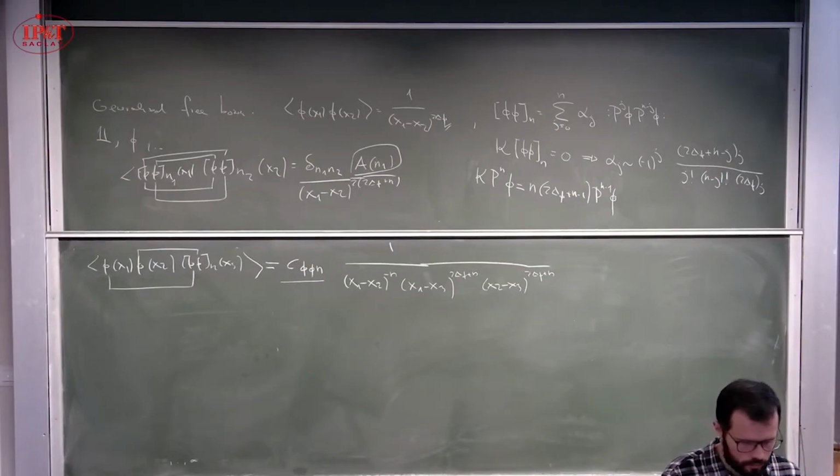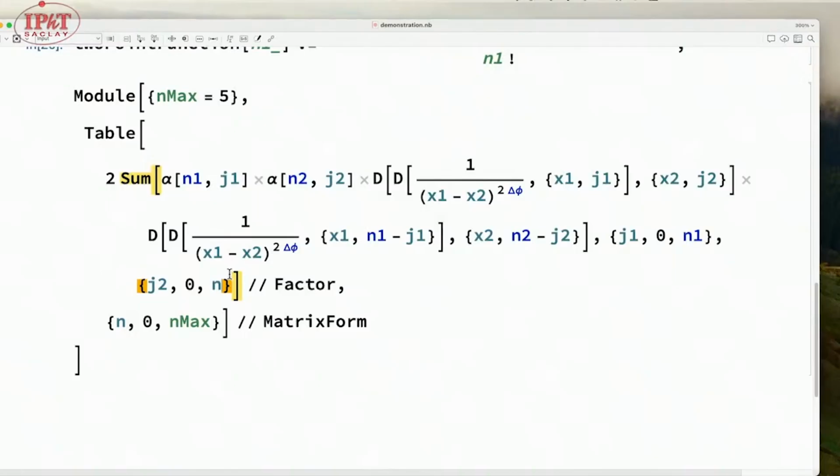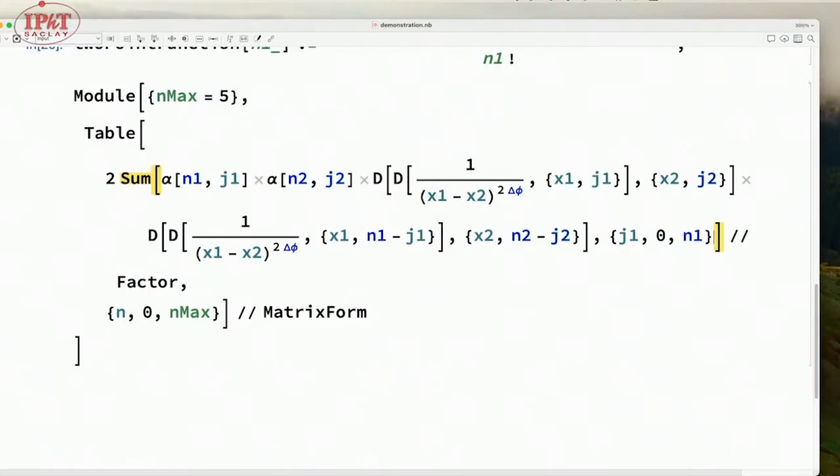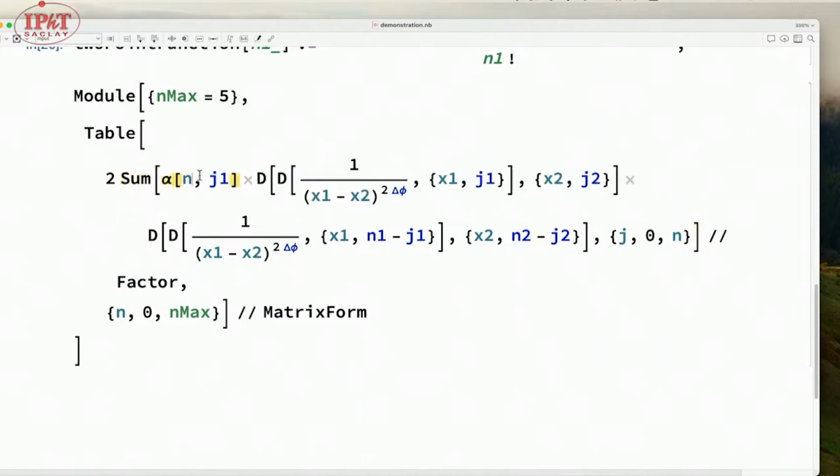So, okay, we just need one sum, a single m. We don't need to sum over 2j's because there is now only one such operator inserted. So we are summing over j. Only one alpha, because there's only one operator inserted.